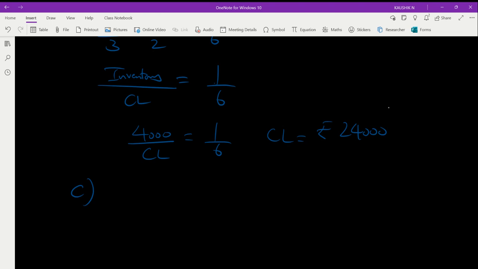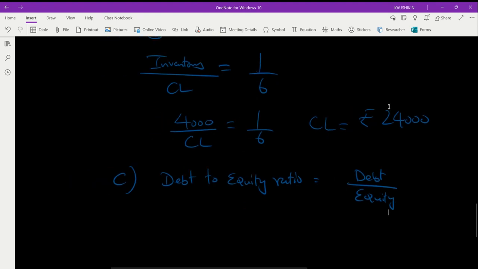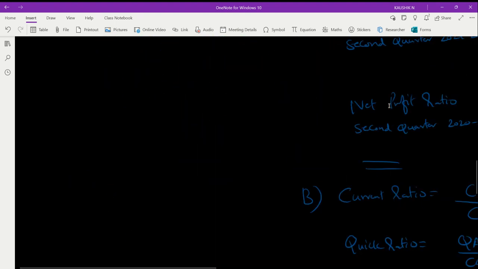Right. The last one, again the debt to equity ratio. Write the formula: debt by equity. This is otherwise like long-term debts by shareholder funds. So here the debt value is nothing but 1,70,000.